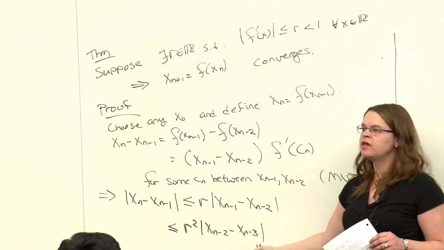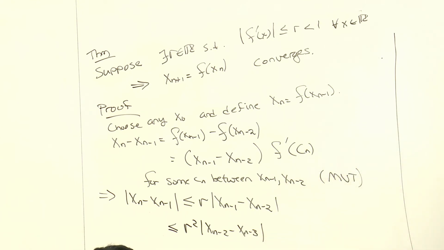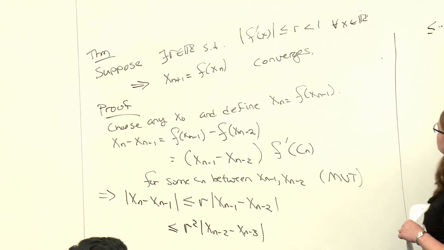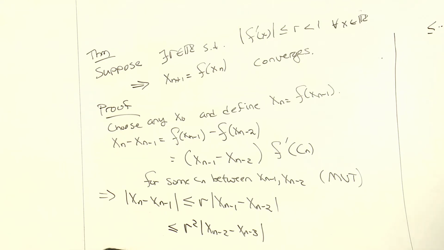I can do this again and again, keep marching back until I get to my x1 minus x naught, and then I have to stop. At the end of the day, we get r to the n times x1 minus x naught.